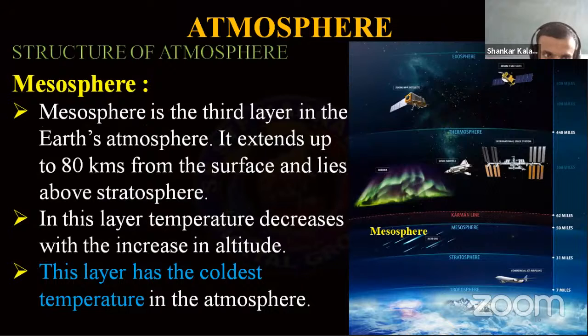The third important layer is the mesosphere. It is found between the stratosphere and the thermosphere. This is the third layer of the atmosphere. First one, troposphere. Second one, stratosphere. The third is the mesosphere.